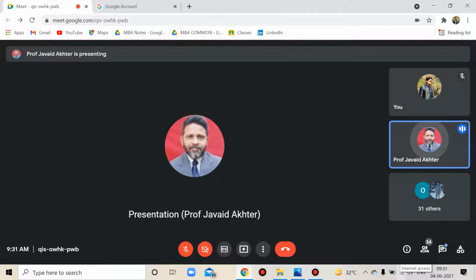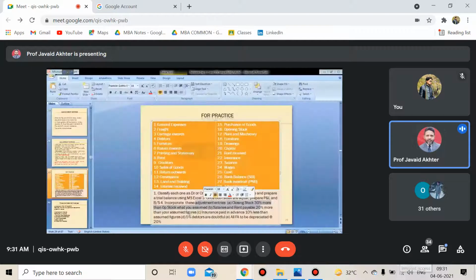Salaries and rent payable are 20% more than what you have assumed as your figures. Insurance is 10% less than what you have assumed. Like this, I have just written.